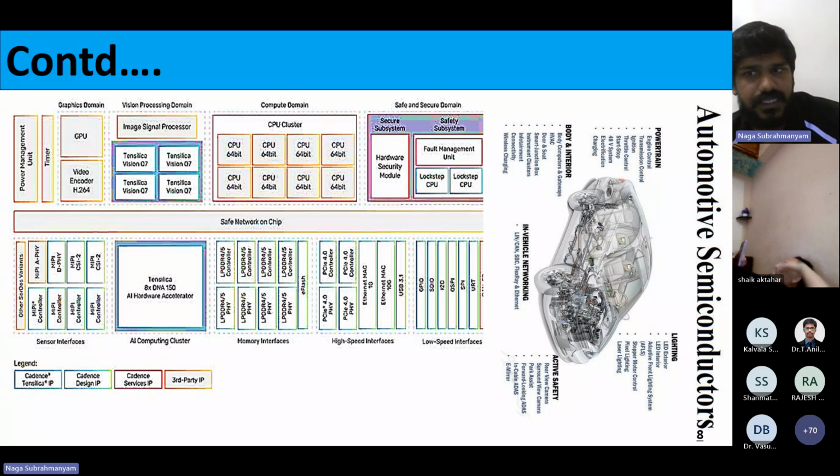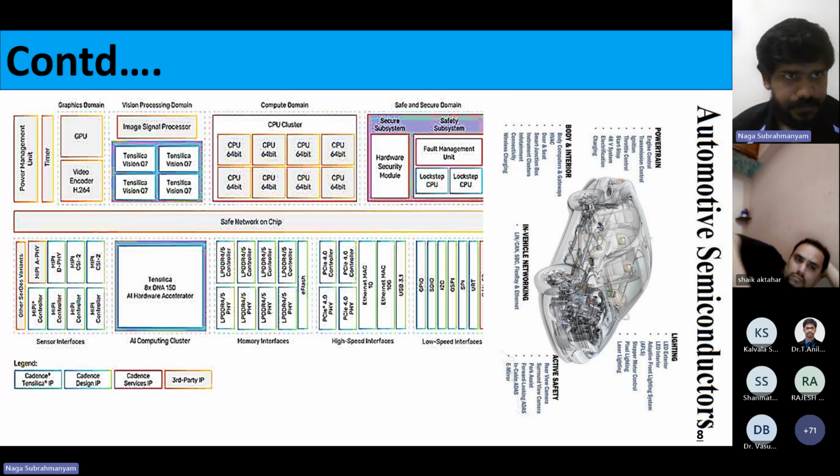To manage the entire power of the car, the battery power or internal powers of the car, they have one particular chip. Like that, nowadays every feature is a kind of chip. So we have a large scope in design, and more than that in verification.